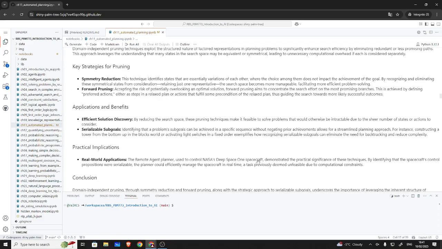Deep Space One apparently also used this. It's an interesting example of identifying which things could be serializable, meaning in a linear order, one after each other. Before, you had to look at 6 different things at once.